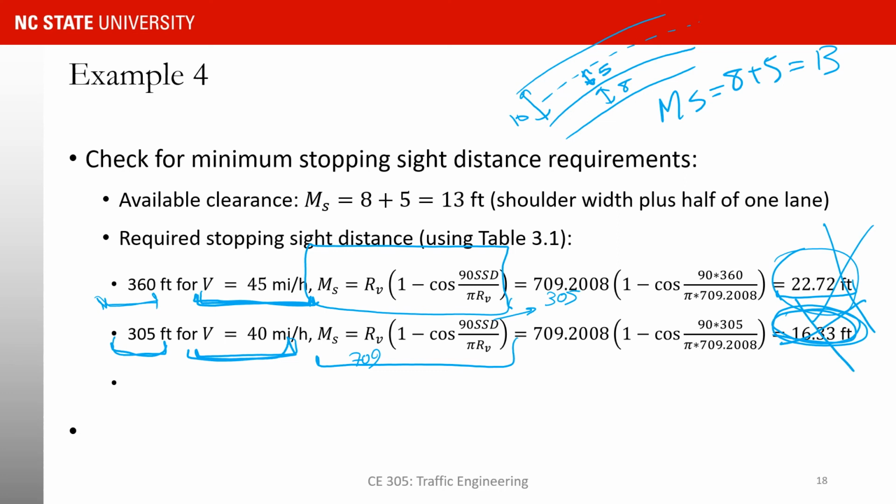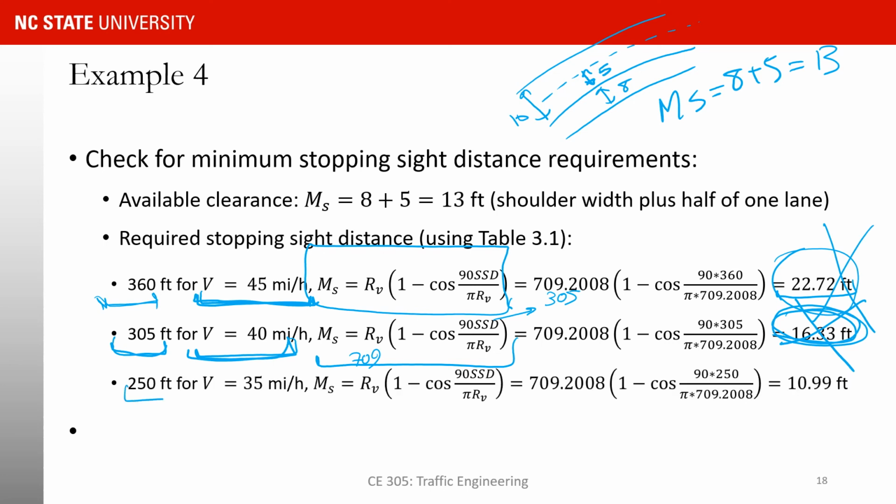I'm gonna reduce the speed to 35 now, another 5 miles per hour reduction. So with that, my stopping side distance from the table, and again, same table 3.1, is gonna be 250 feet. I'm gonna put everything in the equation, and I'm gonna get a required side clearance of 10.99 feet.